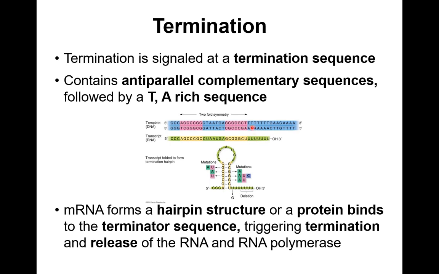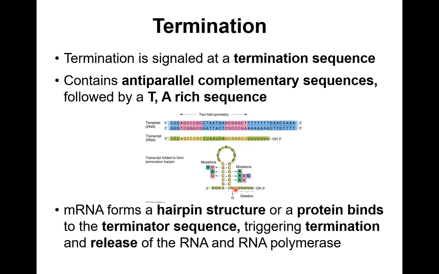Why is this important? If you recall, the bonds between adenine and uracil, or adenine and thymine, but in this case adenine and uracil, are based on two hydrogen bonds, so they are very weak bonds. So now the combination of the formation of a hairpin in this RNA, together with the weak bonds of this growing sequence here, basically causes the separation of the RNA molecule from the 3' 5' template DNA sequence here.